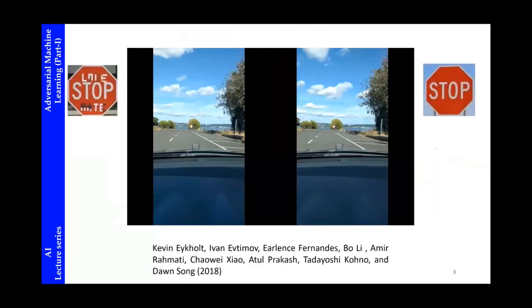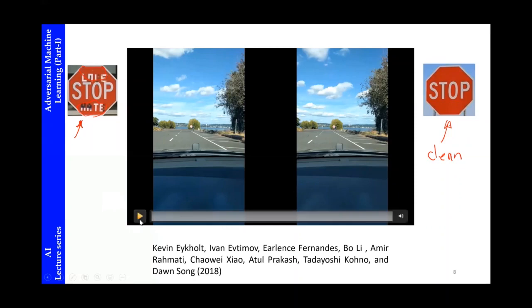Let's go through another example. Here, we have a case study which was performed by a group of researchers at UC Berkeley. I will play the film, and there you will see that at the right side, we have a clean stop sign, and at the left side, we have a stop sign which is hand engineered, with some letters added to it.